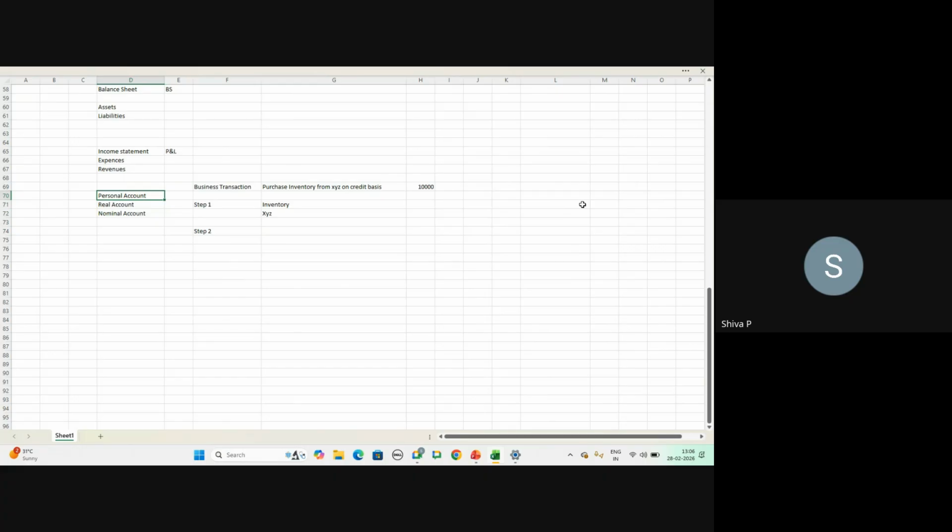So knowledge of this is a must. Personal account, real account, nominal account. Tell me the principles. What is debit? What is credit? Giver, debit. Receiver, credit. Who is given the benefit? Who is receiving the benefit?